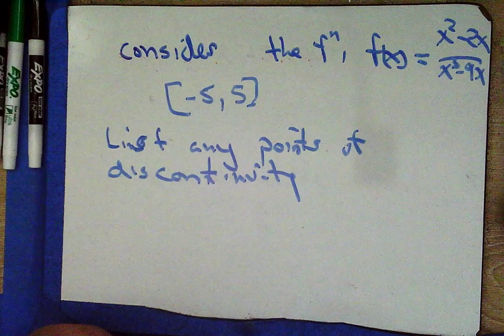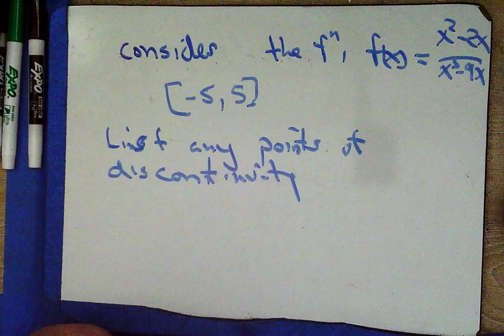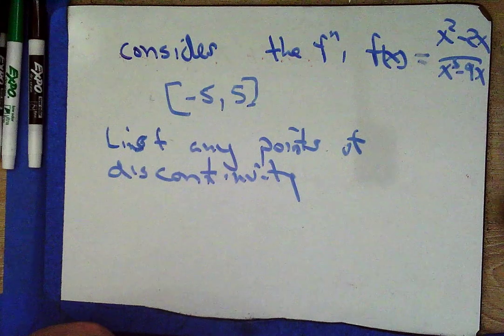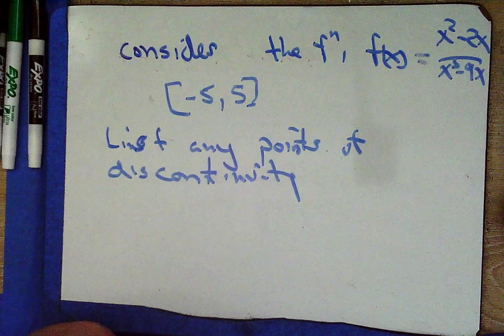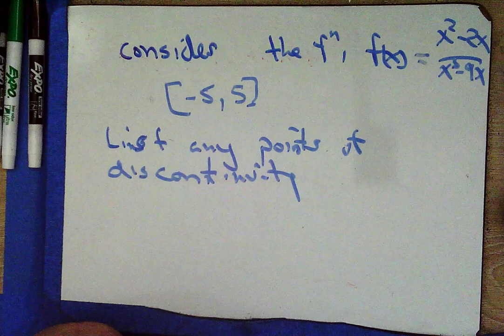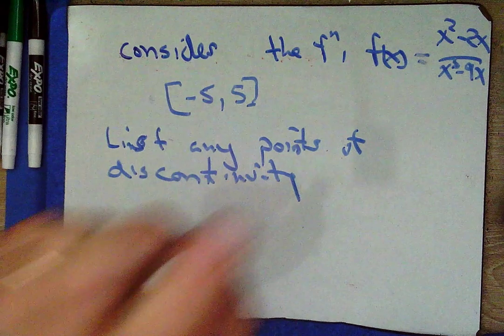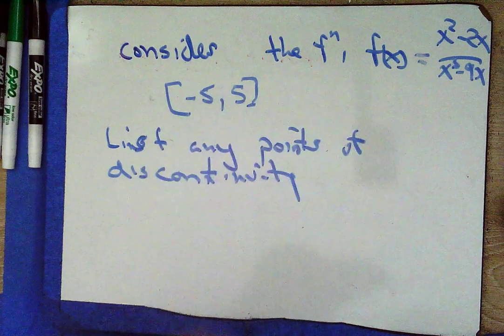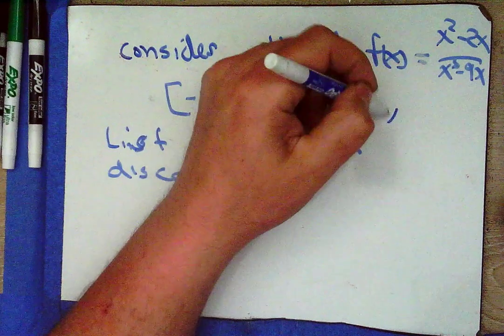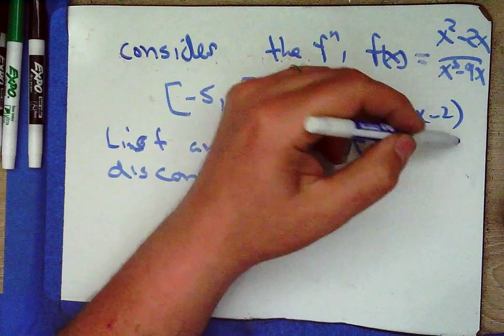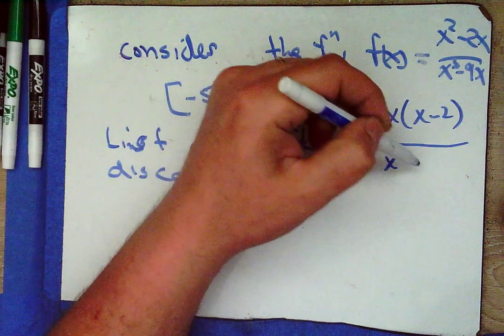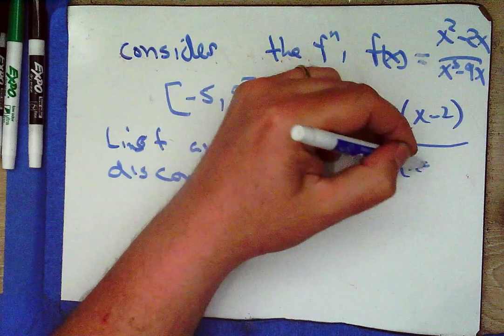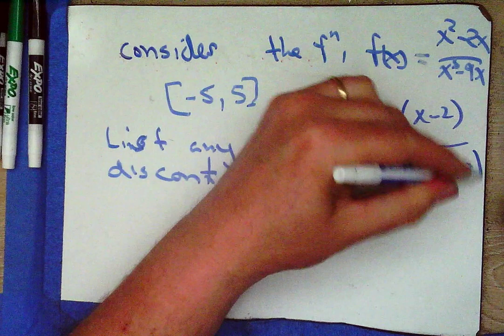Well, this is a rational function. Rational functions have holes. Holes are points of discontinuity. Rational functions can have vertical asymptotes. Those are infinite discontinuities. Does this function have any vertical asymptotes or any holes? Well, if I factor the top, I've got that. If I factor the bottom, I'm taking an x out, I've got x minus 3 and x plus 3.